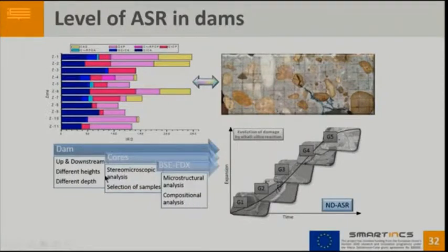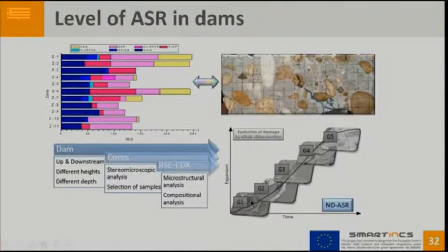Depending on the quantity and the localization of the products, we distinguish 6 degrees of damage from 0, when we don't have any alteration or any alkali silica product, to 5.